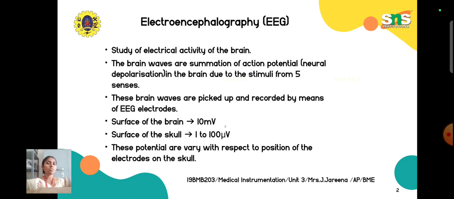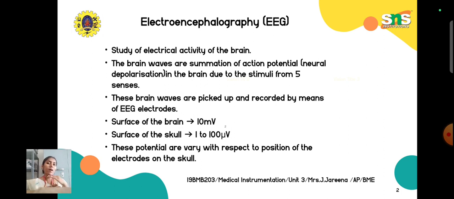There is no skull or skin to resist the signal. Whatever signal is generated by the brain, you are getting close to 90 percent of it, a good quality, strong signal. Whereas if you place the electrodes over the surface of the skull, that is over the head, there is less possibility of getting a good quality signal.